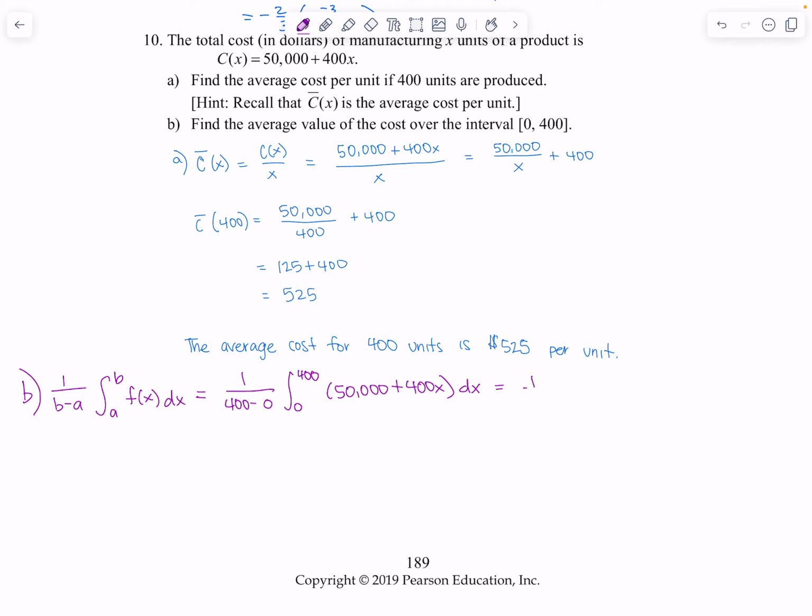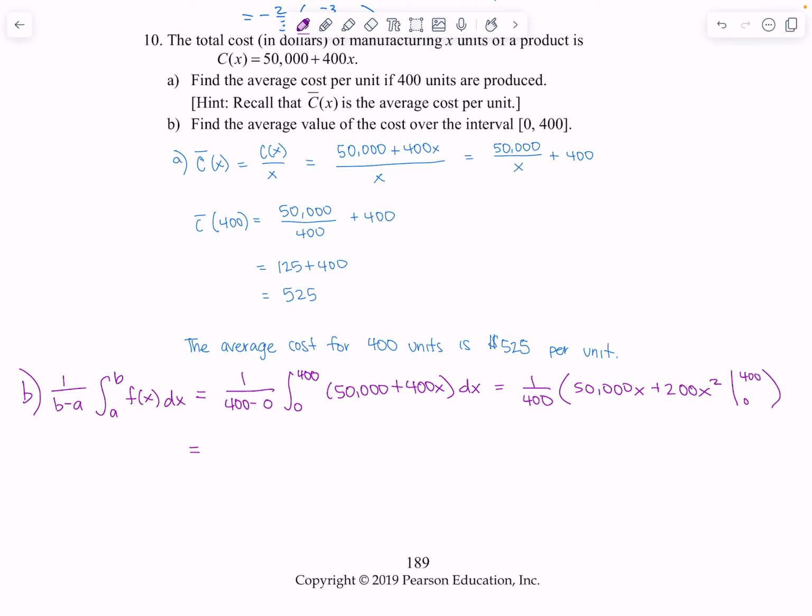This will give us 1 over 400 times 50,000x plus 200x squared evaluated from 0 to 400.